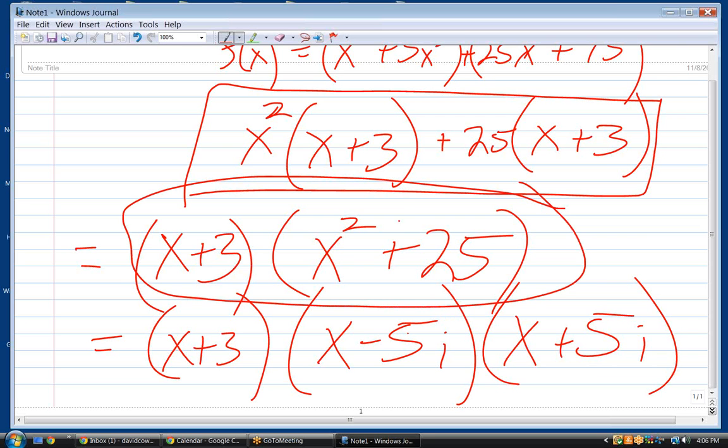Because this is called an irreducible quadratic, meaning I cannot factor it down without invoking complex numbers. Usually that's good enough. You don't usually factor higher degree polynomials all the way down to complex numbers. You factor them down to linear factors and irreducible quadratics. Well, this is called an irreducible quadratic.